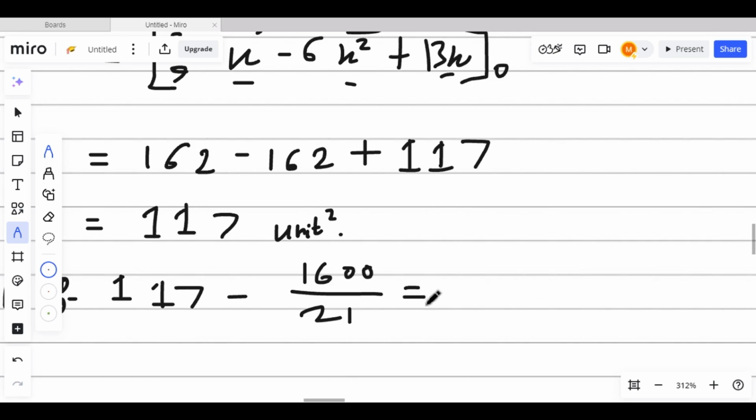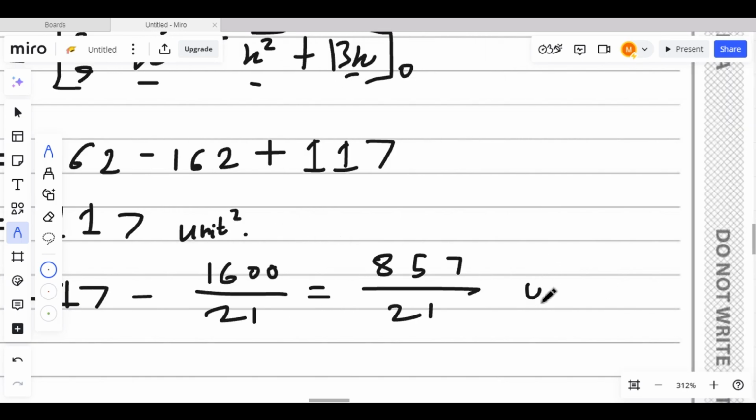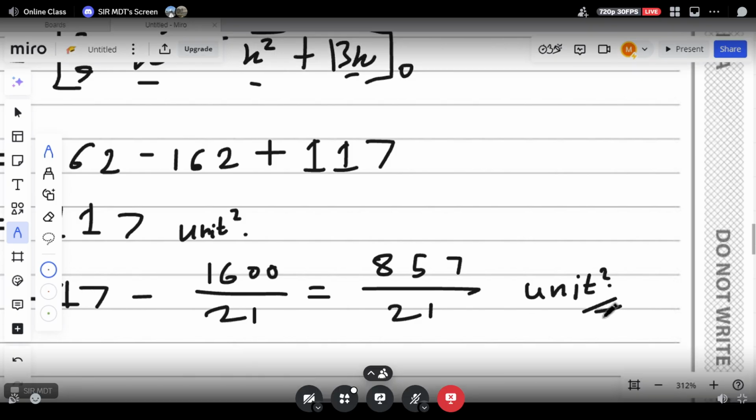That would be how much? This is 857 over 21 unit squared. That's it.